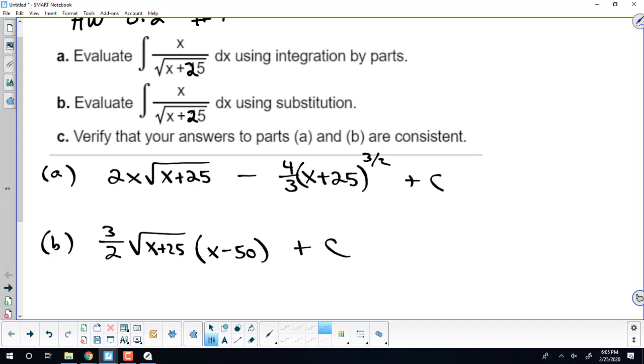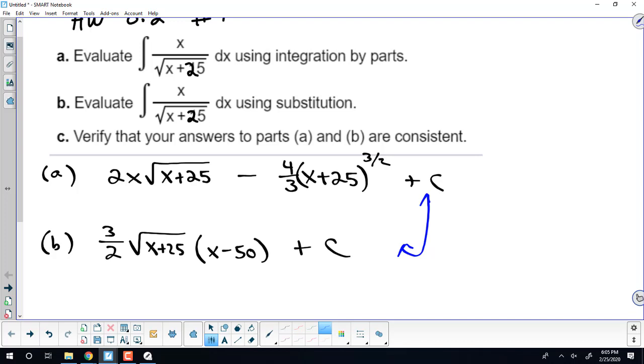So I guess verify is up for interpretation. Like what are they wanting? I don't know, I haven't done this problem, I'm not 100% sure what they want you to use to verify that part A and part B are consistent. But at least initially it would seem like, we're gonna make sure that these two things are the same. Like, is that algebraically equivalent to that, right?